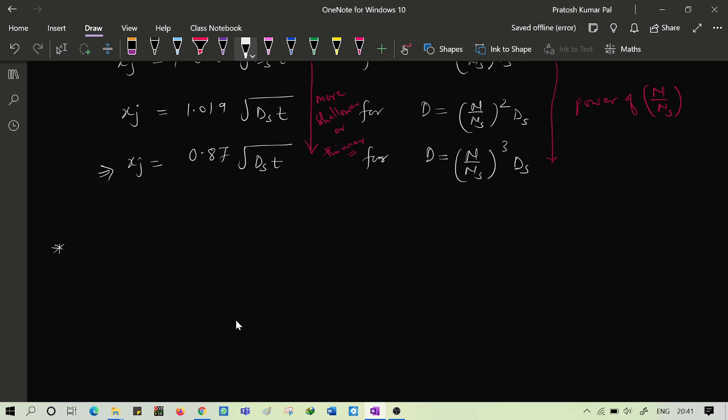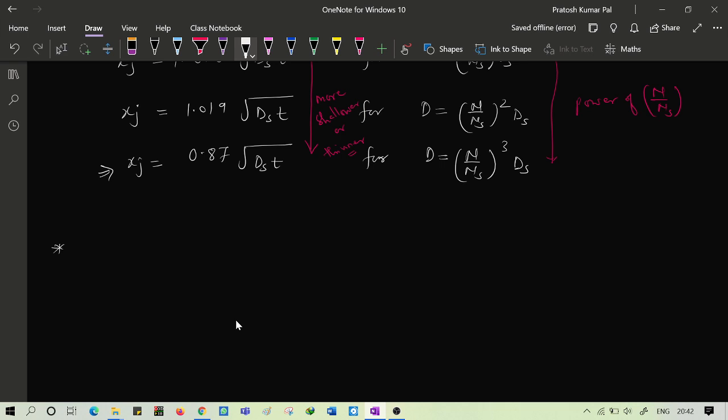If we carry out this diffusion at a higher temperature, then at higher temperature what happens is, if there is an intrinsic semiconductor, that is, no dopant has been included into the semiconductor, then if we increase the temperature, its concentration is going to increase.